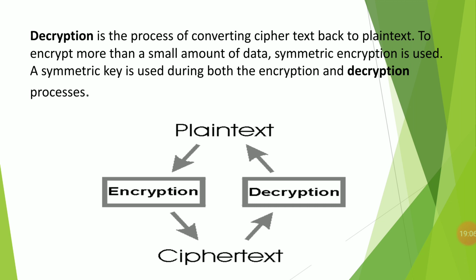Dear student, if you observe this figure, plain text after encryption produces cipher text, and after decryption it is again in the form of plain text. The simple meaning of this encryption and decryption is, for example, if you want to send any information to anyone, don't send that information in plain text.